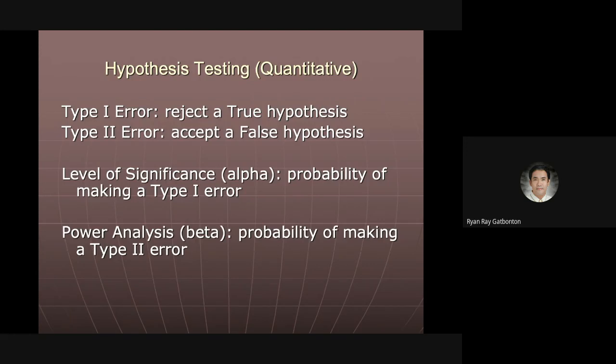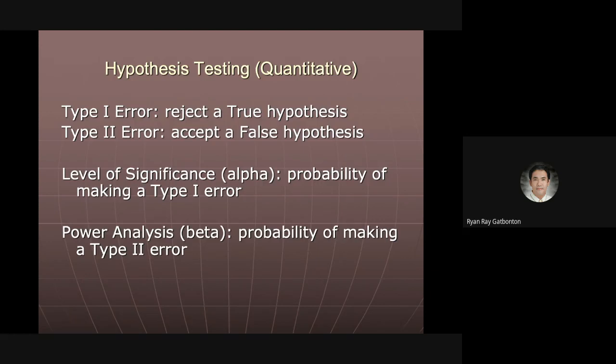To prevent this, we have to establish a level of significance or a probability of making a type 1 error. Usually this is set at around 5% or 1%. It means that there's a 5% chance that we make a type 1 error, or we're saying that 95% of the time we're sure that the results are accurate.